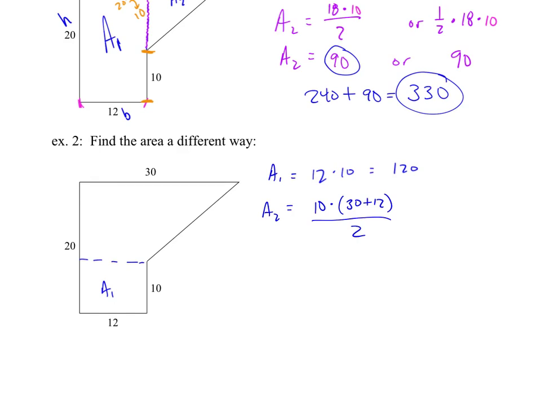Wait, what's the height? It's from here to here, 10. So it's 20 the whole way minus 10. So that gives me 330. So that seems right to me.